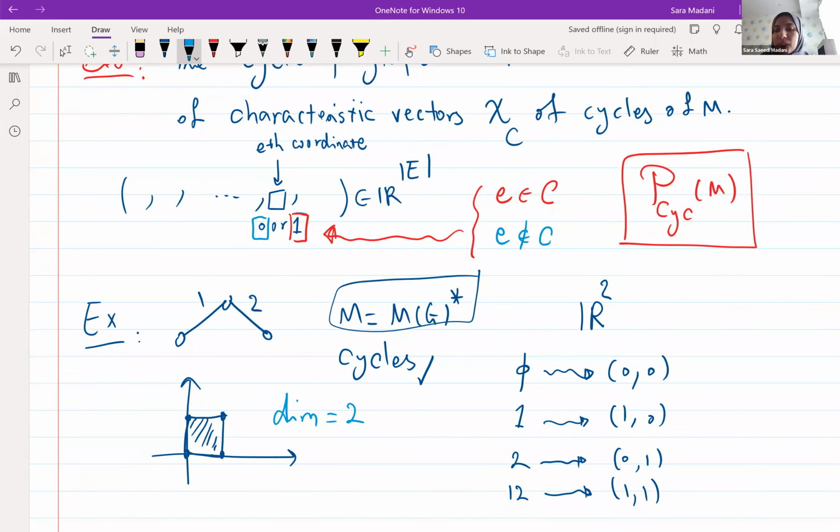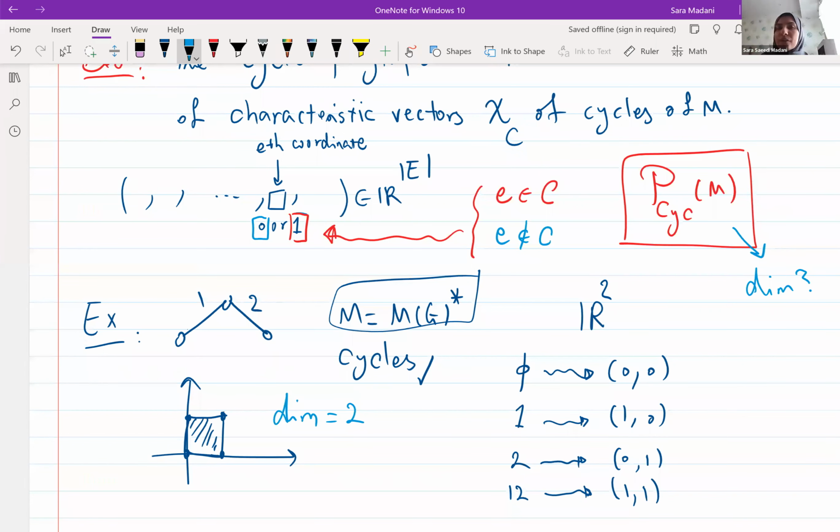But what can we say about the dimension of the cycle polytope in general? Is there any formula that we can compute it? Sometimes when we work with 2 different areas, for example, here with matroids, from combinatorics, and polytopes from geometry, we would like to translate things in between.